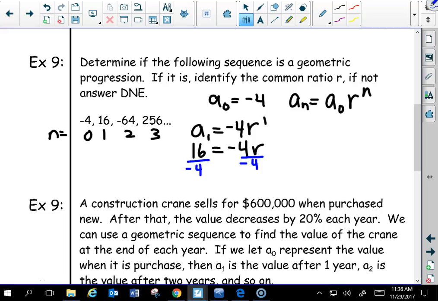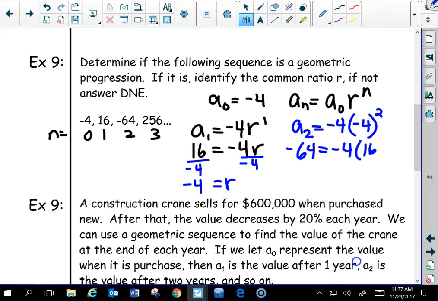So it looks like not only is a sub 0 -4, but r is also -4. Let's see if that happens with a2. So is that going to be equal to -4 times -4 squared, and they give us a sub 2 is -64.